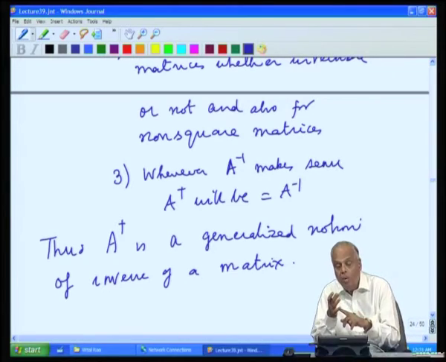We can talk about A dagger whether the matrix is square or not, whether the matrix is square and invertible or not, whether the matrix is rectangular or not. And whenever the classical notion of inverse makes sense, the two will coincide. So, we shall now establish the fact that A dagger is equal to A inverse whenever A inverse makes sense.